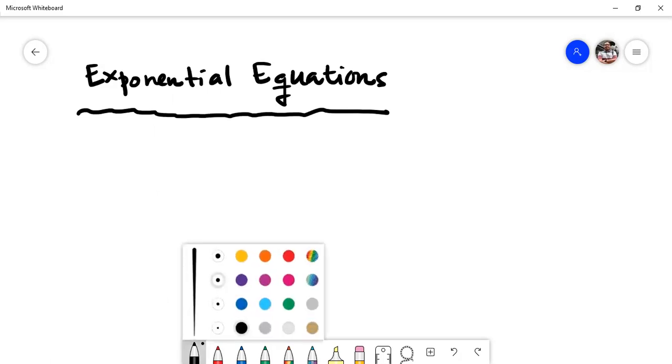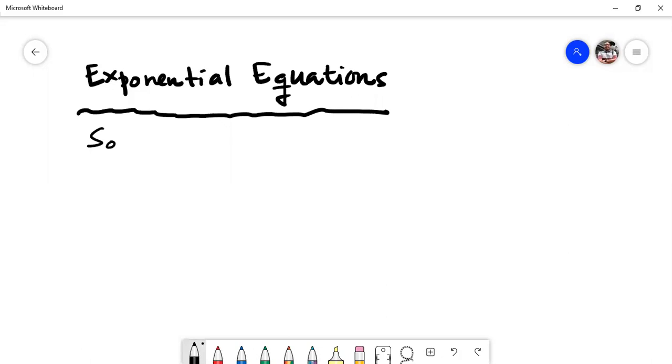Okay, let me change the thickness of the ink of my digital pen. Yeah, so let's see the question. This is the instruction: solve for x. So we have several questions here.